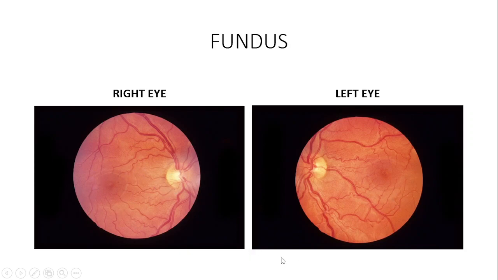This is the right eye and that is the left eye. Here you have the optic disc, the most anterior part of the optic nerve, and this is the macula. At the center of the macula, you have the fovea.